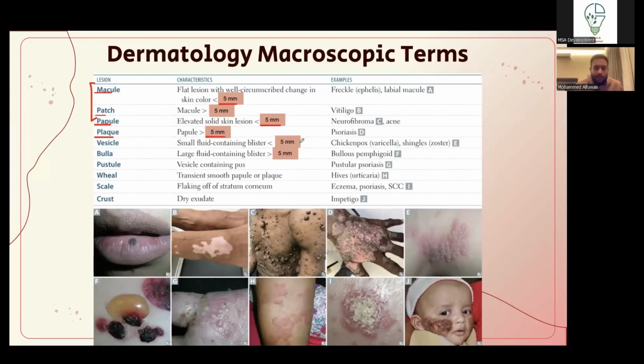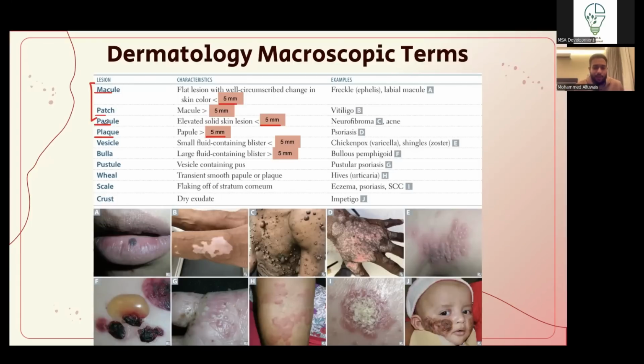Obviously, this is changed numbers. Yes, it's raised and flat. In First Aid, it's 1 centimeter. However, your slides say 5 millimeters. Go with the slide. 5 millimeters.